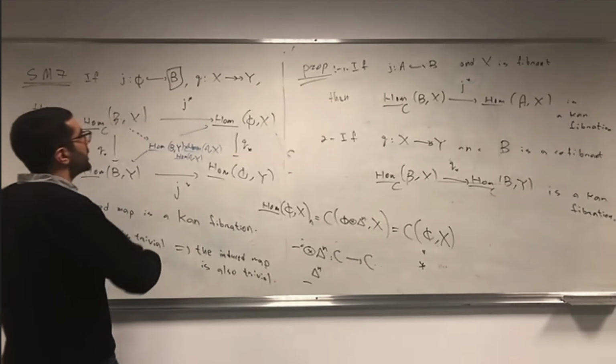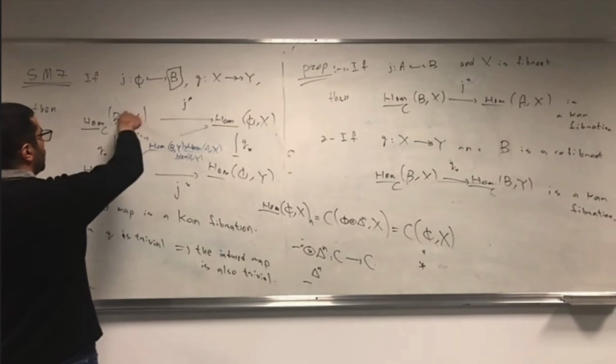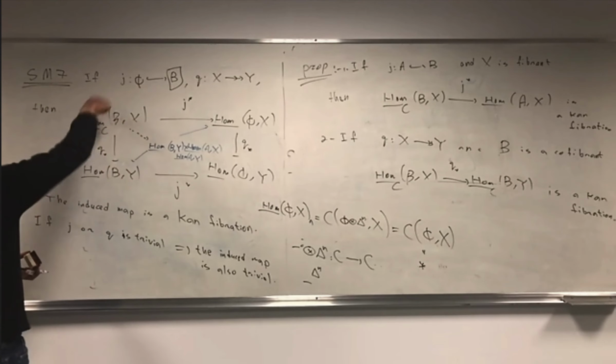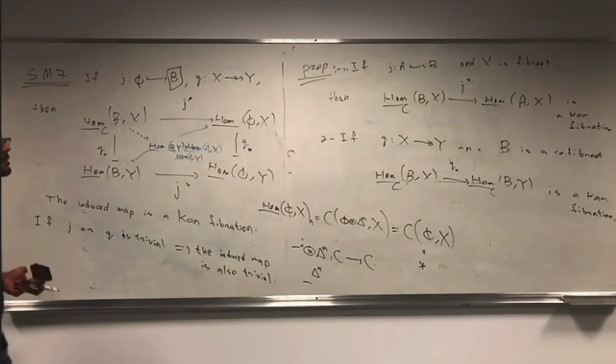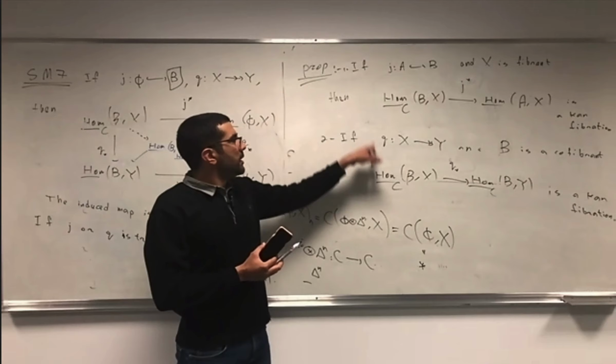So this will be one point, and this will be one point here. So the colimit of this will be exactly this, and the induced map will be just this induced map, okay? This is why this holds, and this is the same.